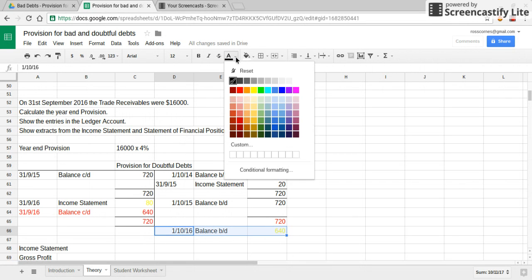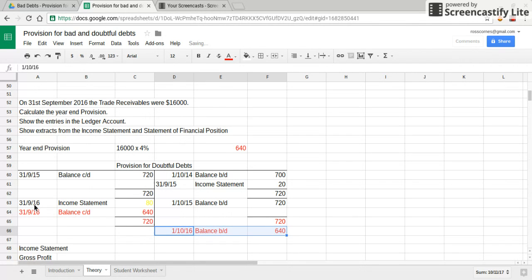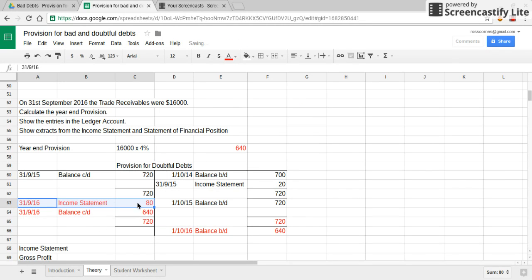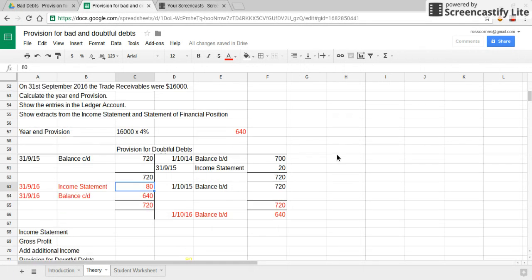And therefore, what we're going to need to do is put a debit entry this time in the provision account of $80, and that's going to appear as a credit entry in the income statement. So because it's a credit entry, it's going to be treated as an additional income.